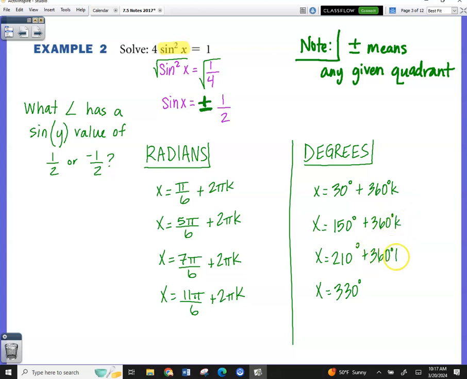I do have a question. Yes, you have a question? Let's make a note where k is an element of the integers. So I have a question, and you may need a visual here.